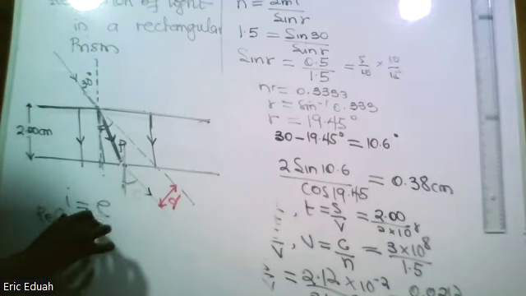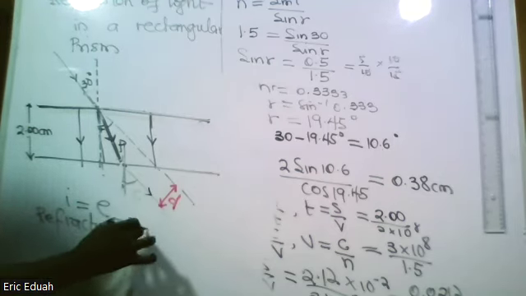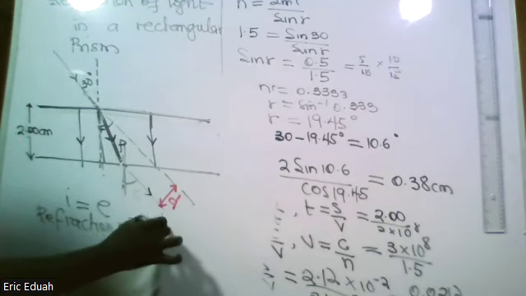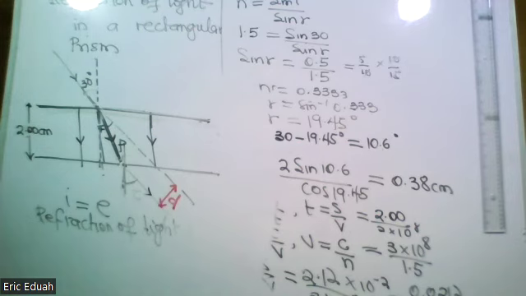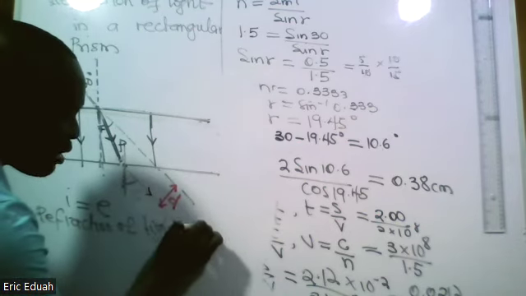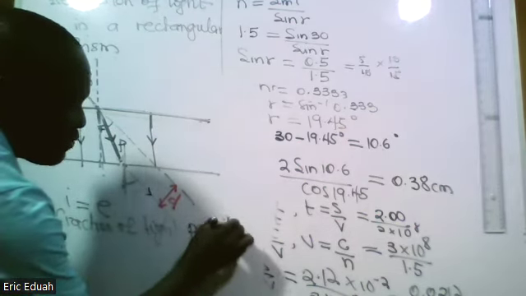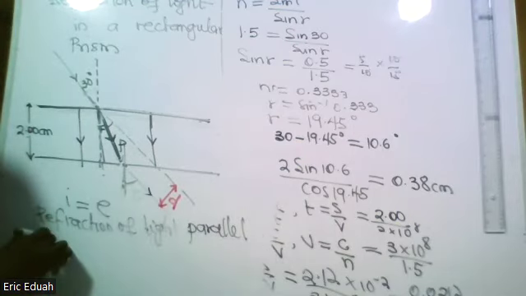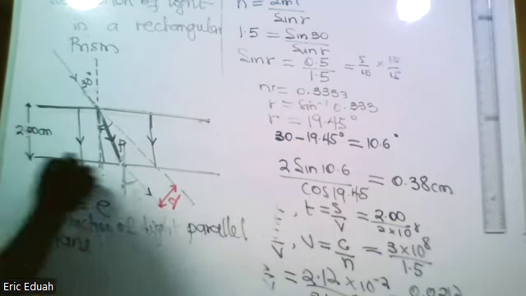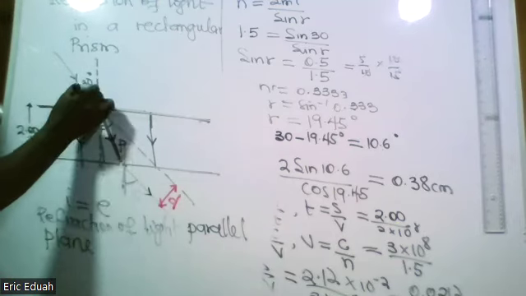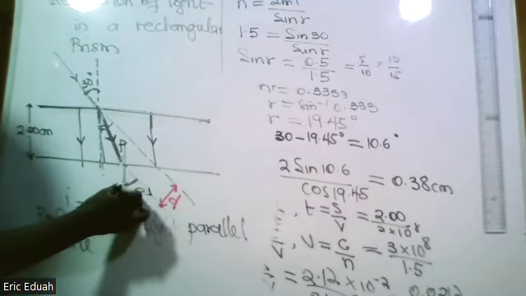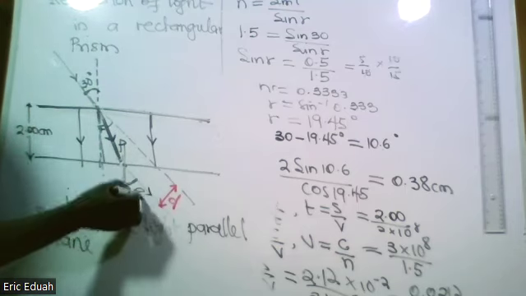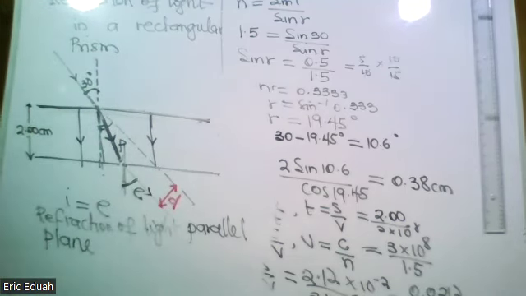The reason is refraction of light at parallel plane. So when the two planes are parallel, then the angle of incidence at the other end is equal to the angle of emergence. So E would have to be 30 degrees.